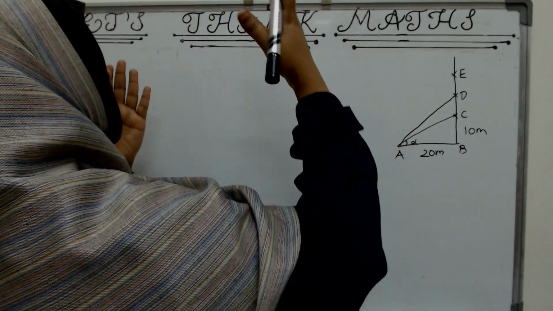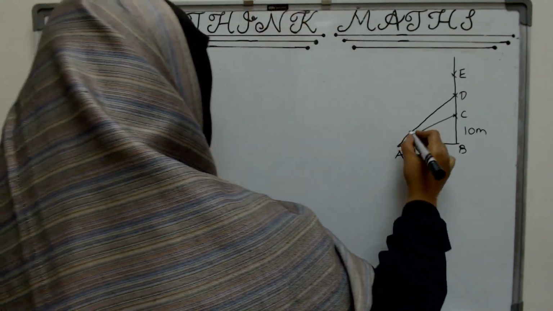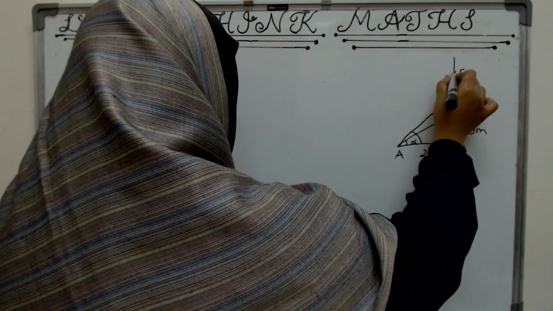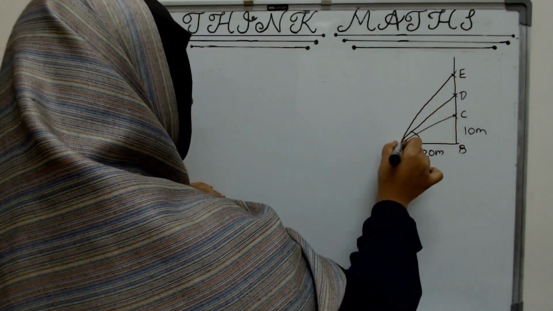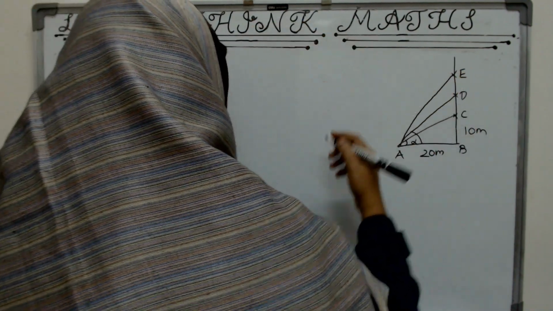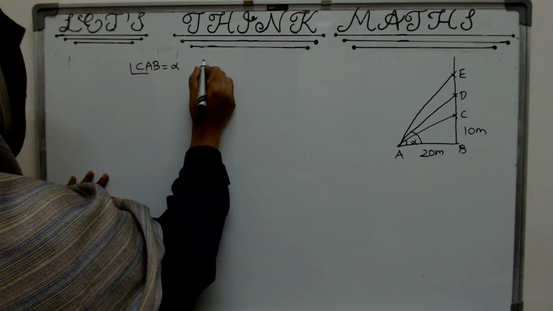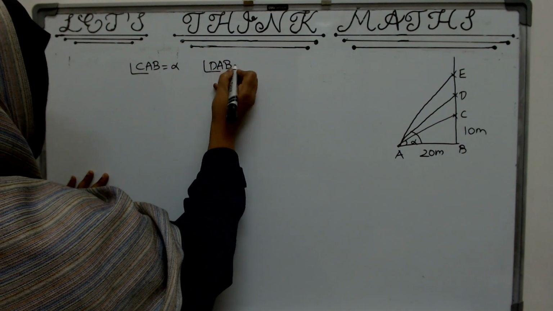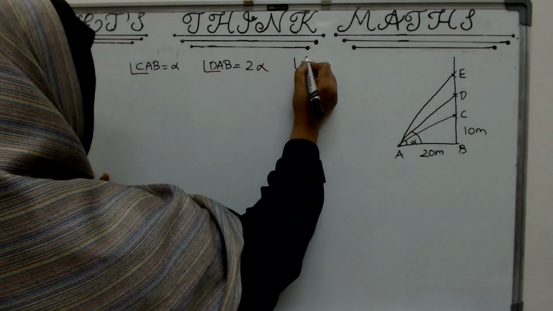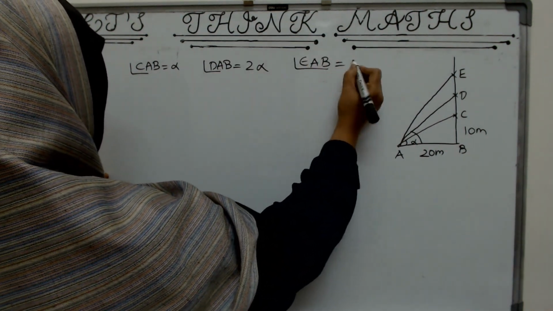He has to look even up, right? So it will be even more. So that will be 2 alpha. And his angle of elevation to E, he has to look even more up. So that will be 3 alpha. So you have CAB is alpha, DAB is 2 times alpha, and EAB is 3 times alpha.